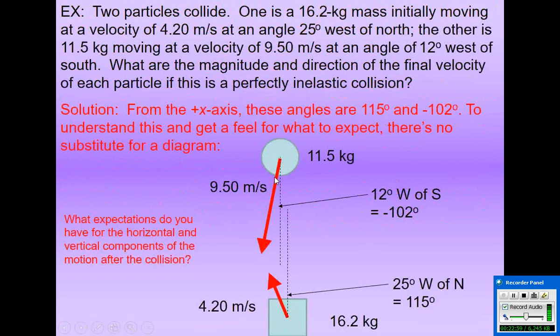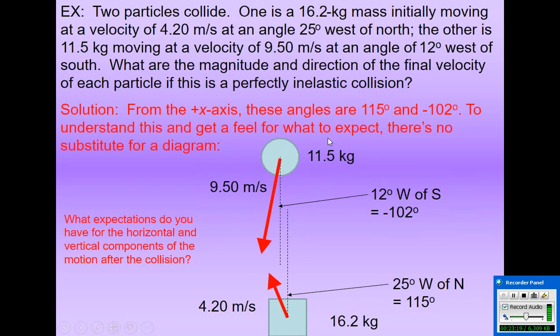On the other hand, one vertical component is directed down and the other vertical component is directed up. While the velocity of the sphere is greater in magnitude than the velocity of the cube, the mass of the cube is greater than the mass of the sphere.